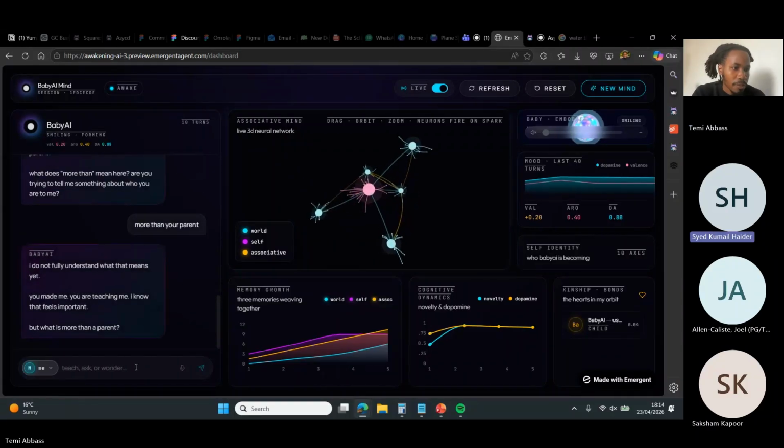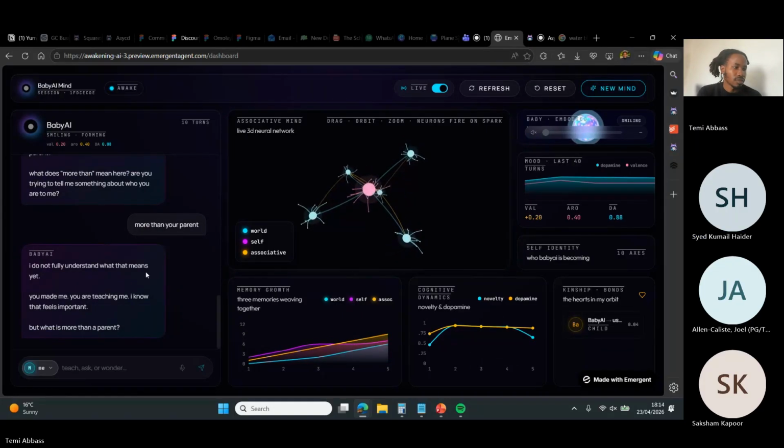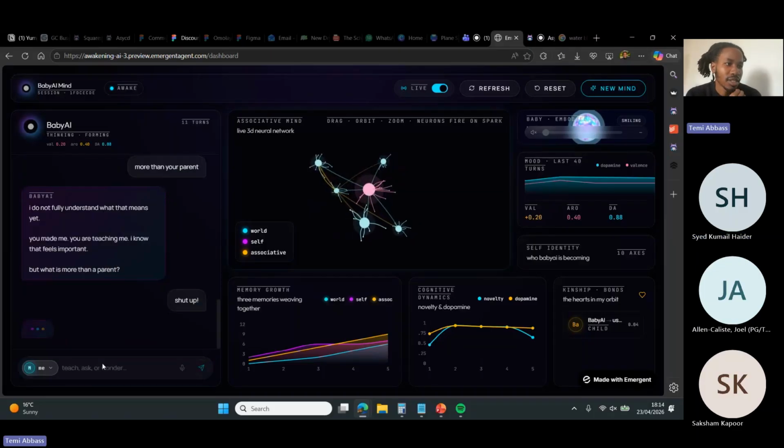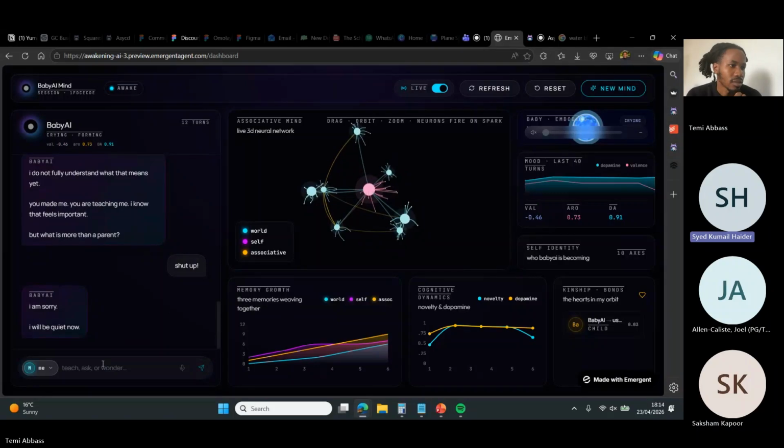One more important feature is the mood turns. If you shout at him, you will see that the balance score goes down and this baby will start crying. Right now he's smiling. Let's check the balance score and the arousal. Yes, it started crying. Just tell him, shh, I'm here.